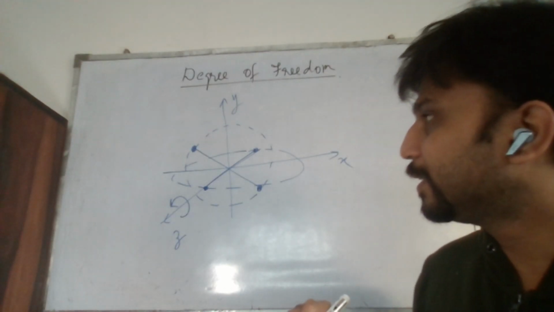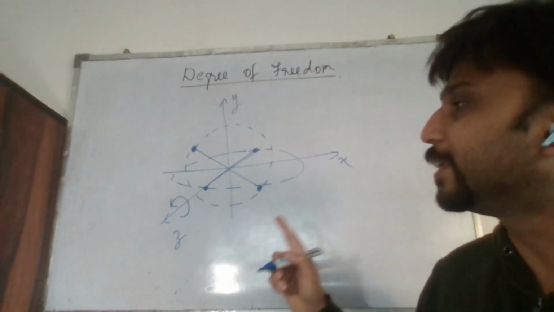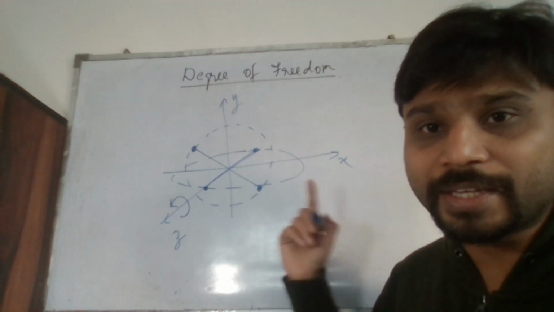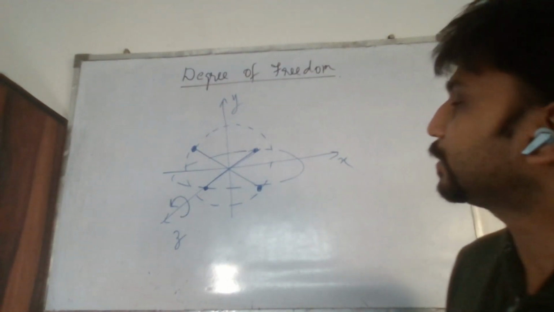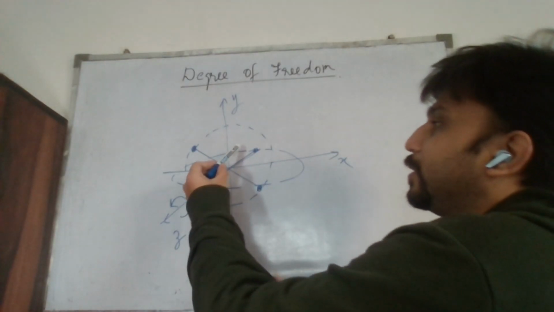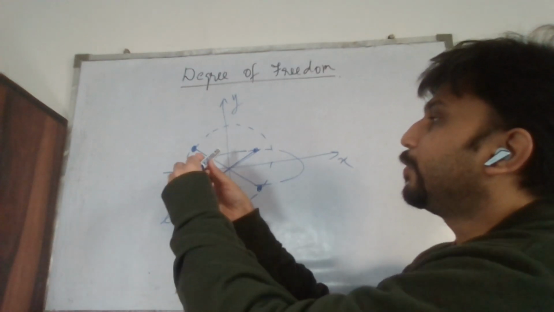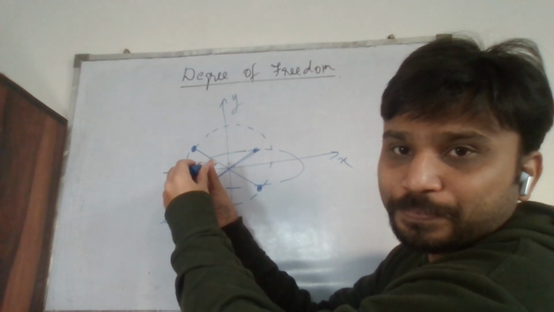So that means the molecules will only have two directions in which they can have energy. Let me explain. This is the molecule which we had, right? It is oriented along z direction. When it is rotating about z axis, it is rotating like this, right?